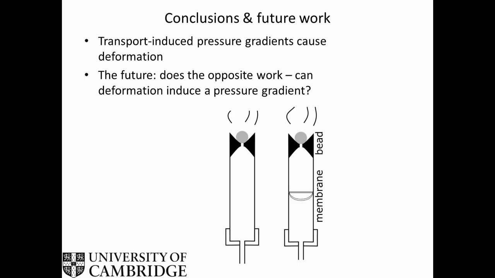So this is, as I said, the idea, and the way we plan this kind of leads to this idea. When you deform the hydrogel, you would expect that this leads to some internal pressure gradient, particularly if you deform it two-dimensionally, like the membrane sketched here.